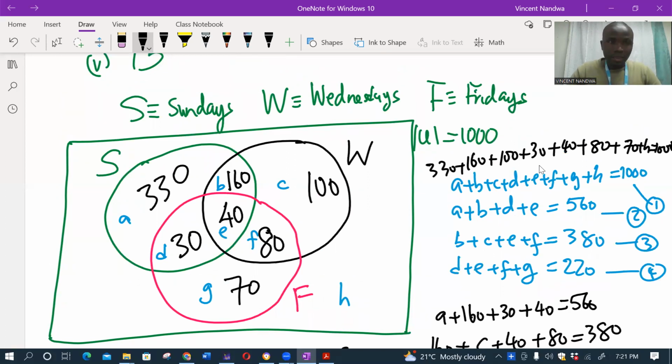So 330 plus 160 plus 100 plus 30 plus 40 plus 80 plus 70 is 810. So from 1,000, we get 190. That's our complete Venn diagram, which is going to help us respond to the questions from 1 to 5.